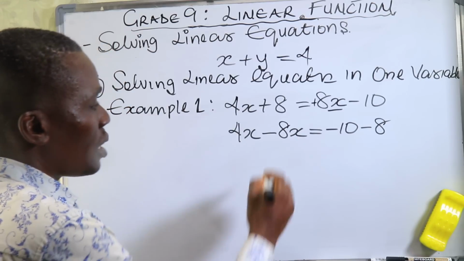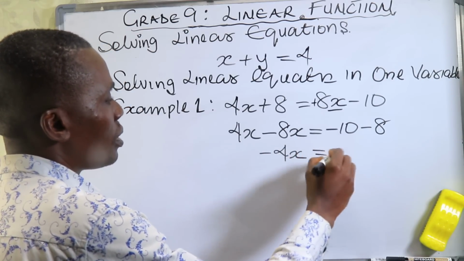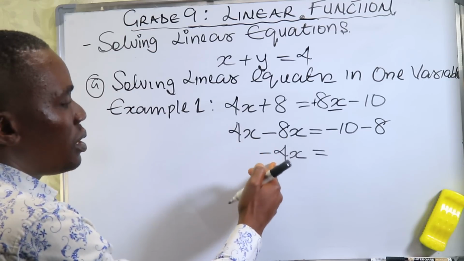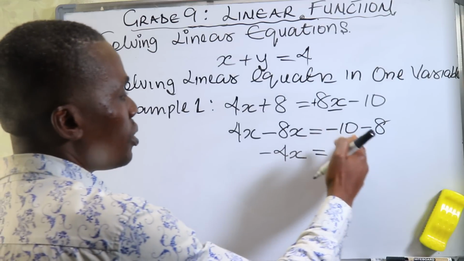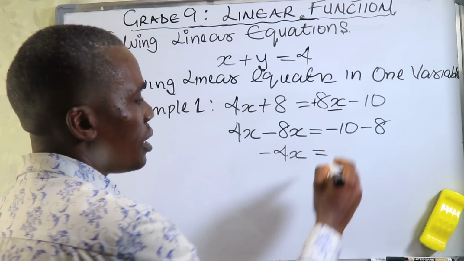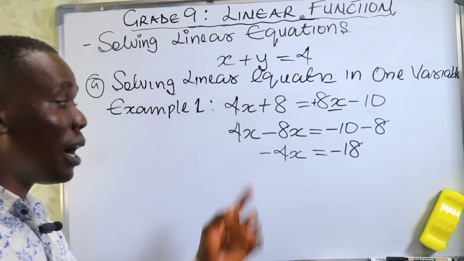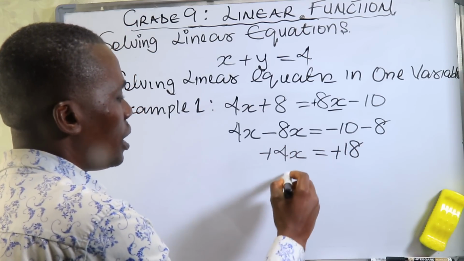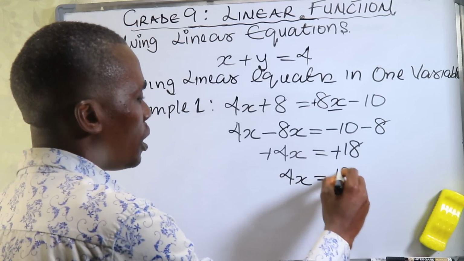4x minus 8x is going to give us a negative 4x. 4 minus 8 is negative 4, x gives us x. So negative 10 minus 8 is going to give us a negative 18. If I have a negative on both sides, they can cancel out, and then I'll have my 4x equal to 18.